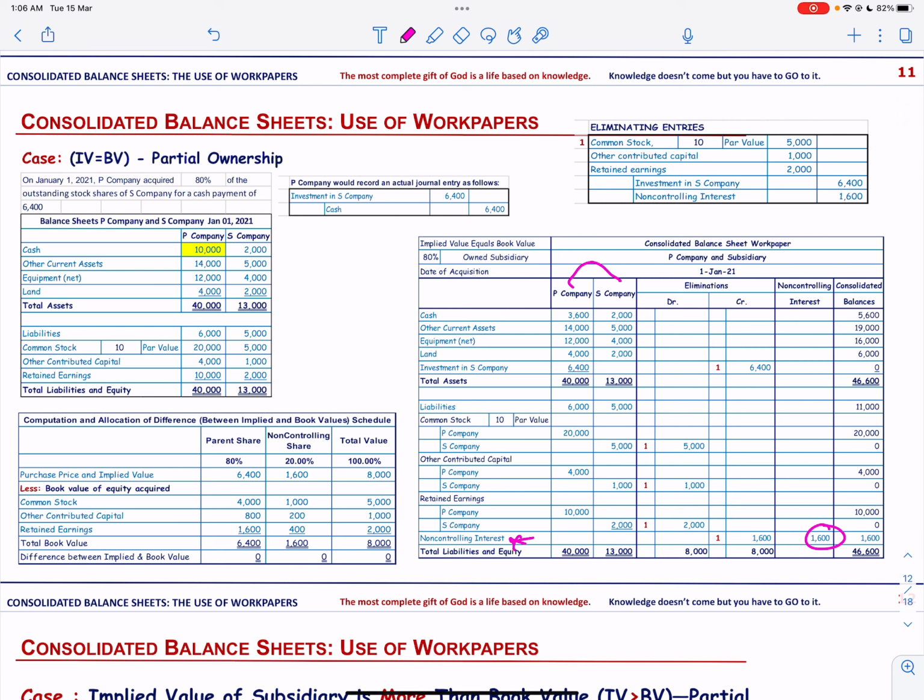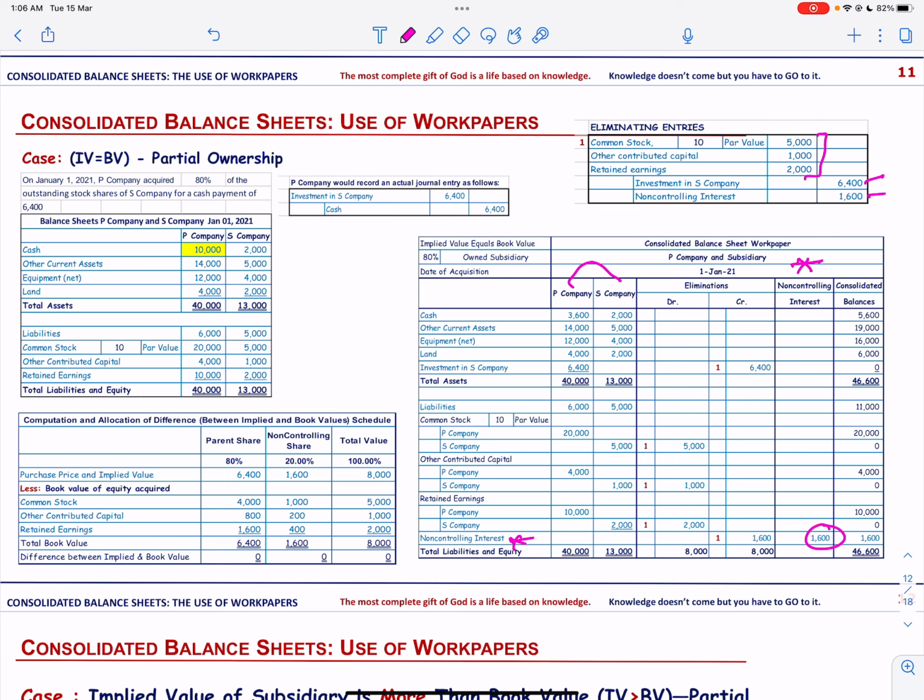A work paper entry will be equity for subsidiary is debit, investment in S company is credit, and non-controlling interest is credit. You can note that a separate column is added to the work paper in the illustration between the elimination columns and the consolidated balances to compute the non-controlling interest in the equity.